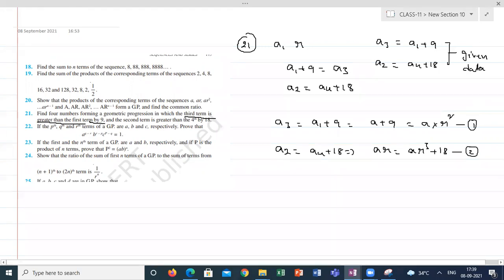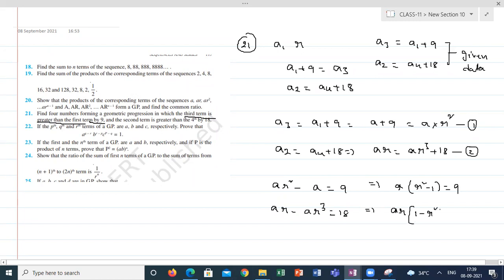So I'm taking the first equation, finding the 9 value. So AR square minus A is equal to 9. From here, A into R square minus 1 is equal to 9. Same here, AR minus AR cube is equal to 18. From here, if I take AR common, 1 minus R square will be equal to 18.